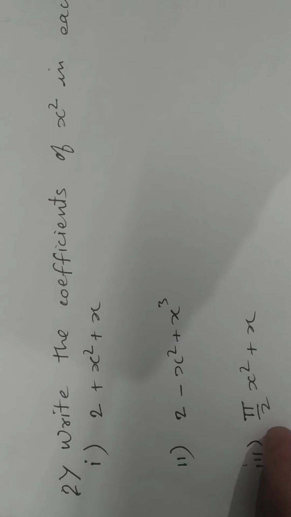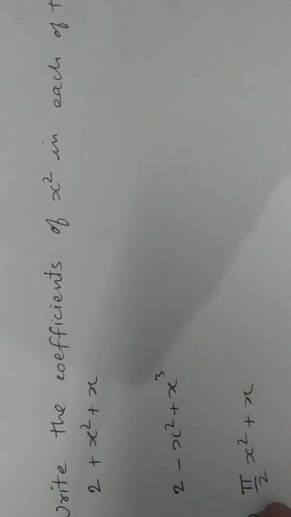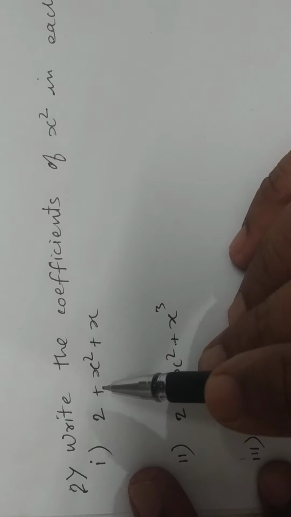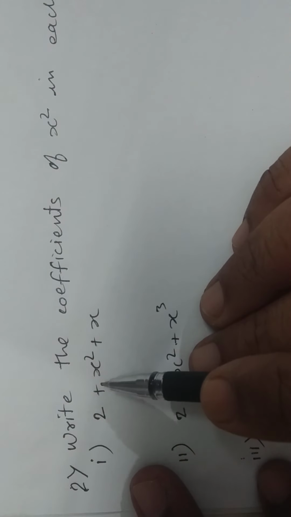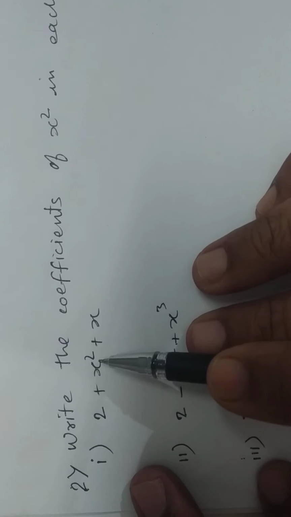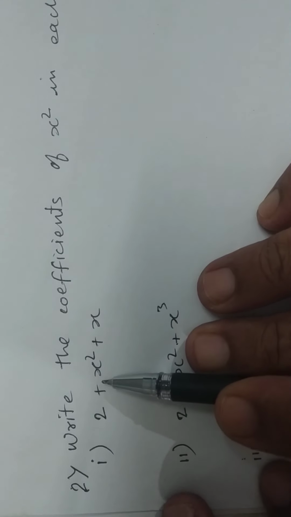Question number second is, write the coefficient of x square in each of the following. Coefficient means the number which is in front of the variable. The number in front of x square here is not mentioned, that means it is always 1.